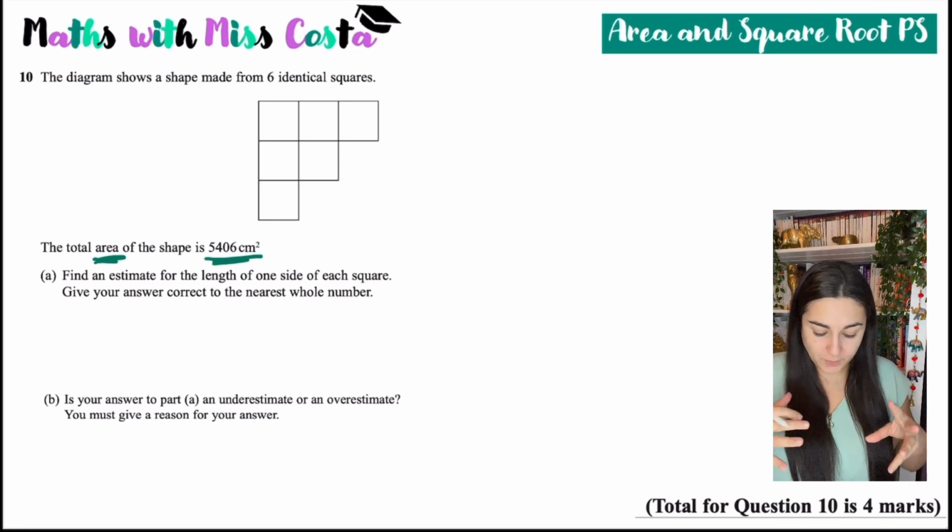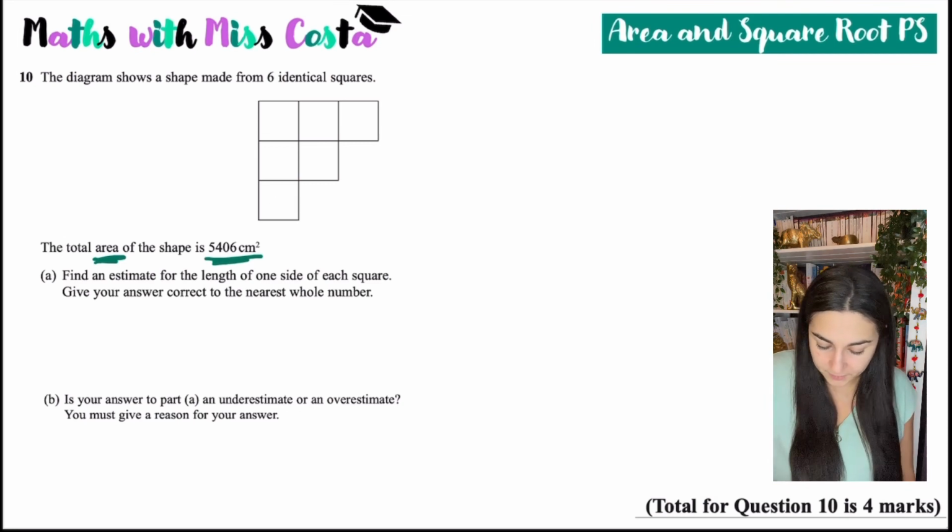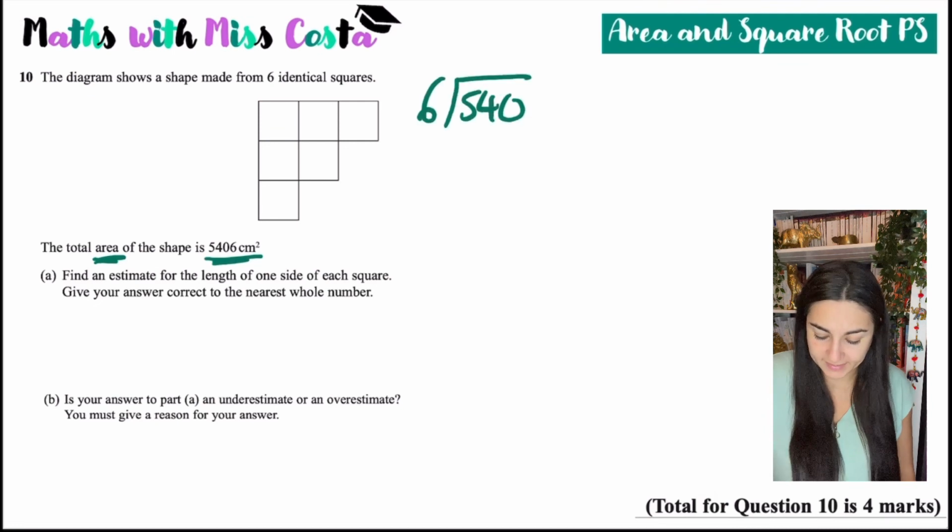So there are 2 ways you could do this. You could round it first, or you could work out the actual value and then round that. I'm going to go with the second option, but you could just round this to 4,500 if you wanted to. So the total area of the shape is 5,406, and there are 6 identical squares. So I'm going to do 5,406 divided by 6.